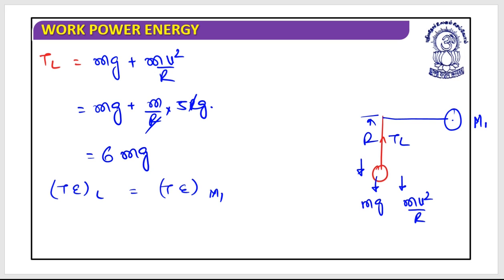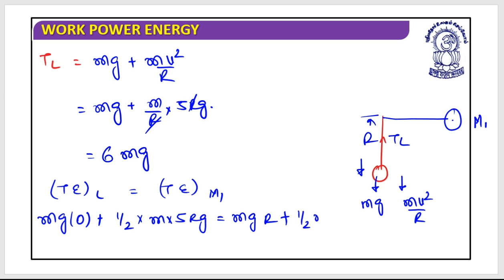While I say total energy at the lowest position, this is potential energy, which is mg0, plus kinetic energy, half into m into v square, which is 5rg. That is equal to total energy at m1. It's potential energy, which is mgr, because this is vertically displaced by r distance, plus kinetic energy, which should be half m vm1 square.